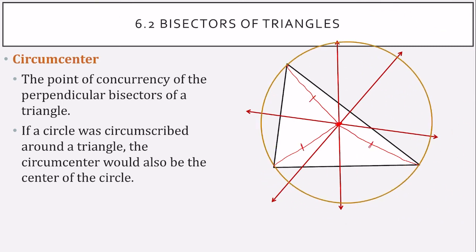If I draw the circle that goes through the 3 vertices, that's a circumscribed triangle. Notice all 3 of those segments I drew are radiuses. They're all the same length, all go to the same point. So that would be the center of the circle, and the distances to the vertices of the triangle would be the radiuses.